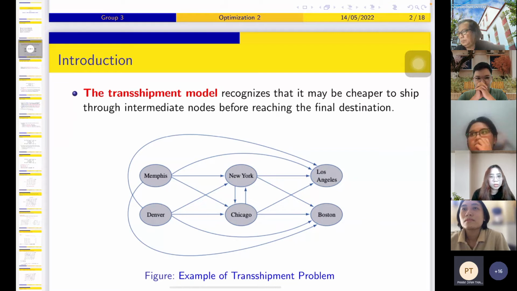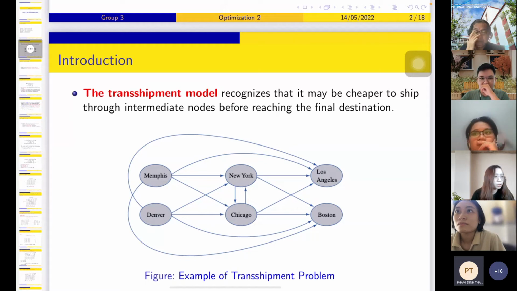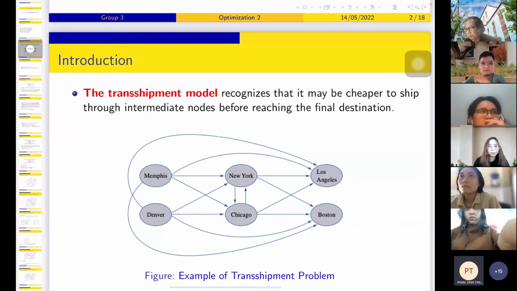To be more specific, the cost seems to be cheaper if we ship the product from Memphis to New York or Chicago, and from New York or Chicago to Los Angeles or Boston, than directly from Memphis to Los Angeles or Boston.